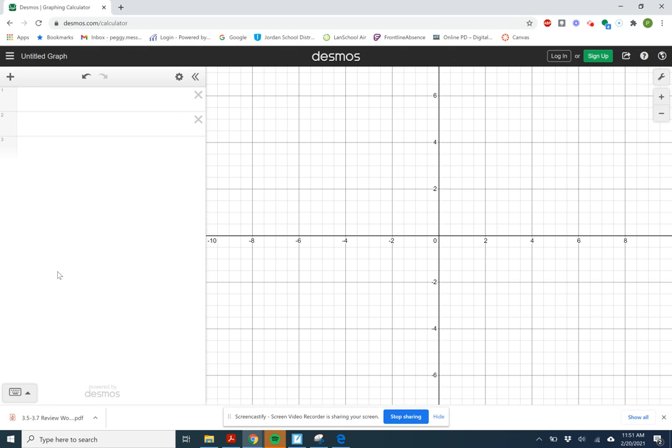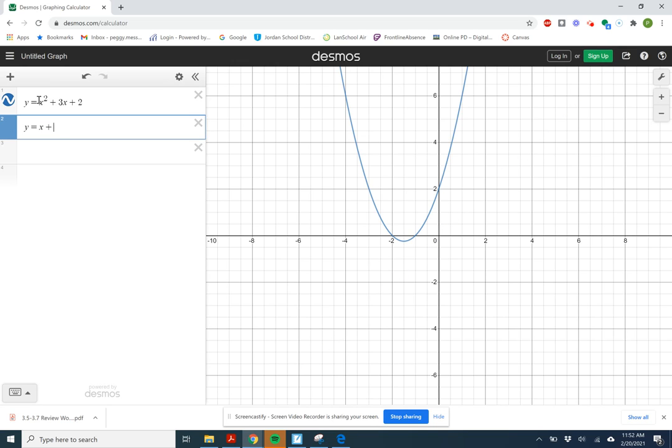Okay, so here's my desmos. I'm going to type in for number 9, y equals x squared plus 3x plus 2, that quadratic, and then the equation y equals x plus 2 is that line. Notice the intersection points, -2, 0 and 0, 2.